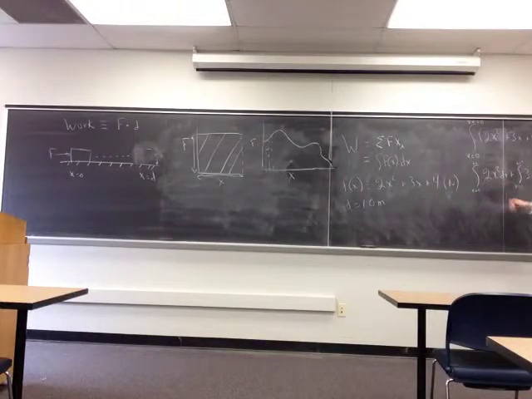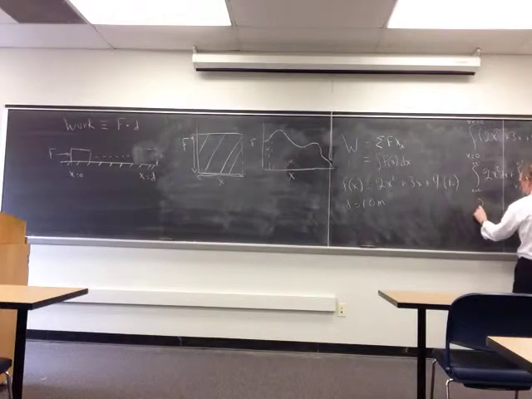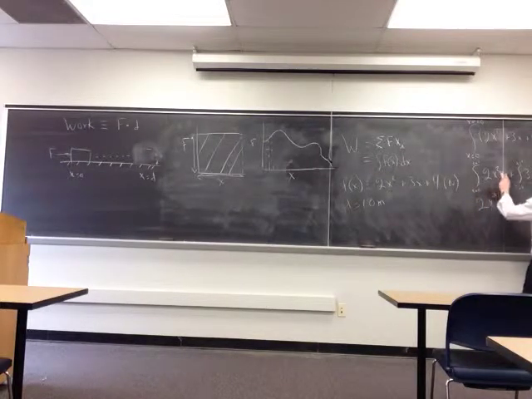Remember, for derivatives, we multiply by the exponent and then reduce the exponent. For integrals, we do the opposite. We'll increase the exponent and then divide by the exponent. So the integral of 2x squared is 2 times x cubed, increase the exponent, divide by 3.